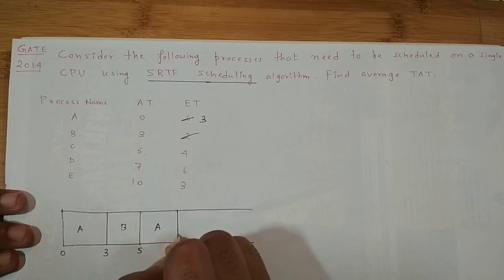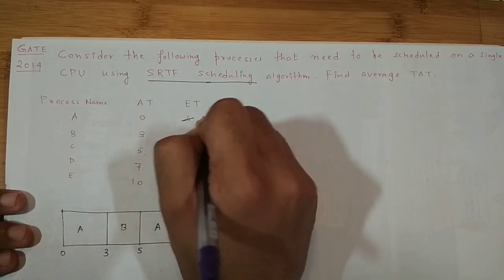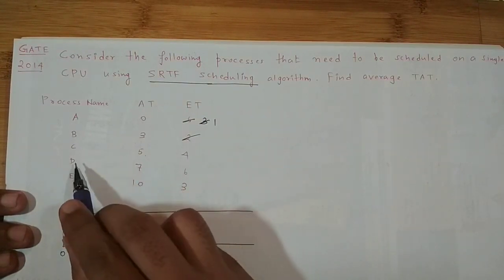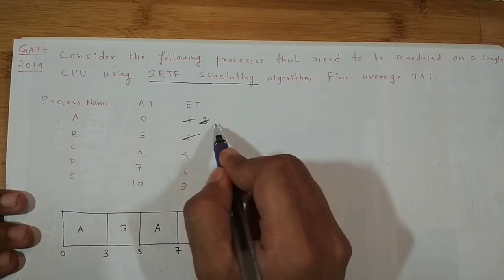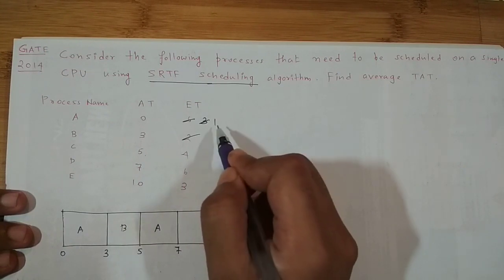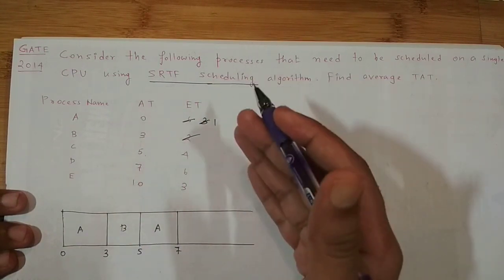Let's say even if it gets scheduled for 2 units, because at time 7 we have another process with us, that is process D. Now at time 7, we have process A, process C and process D. But it still doesn't make any difference because process A continues its execution and its burst time drops.